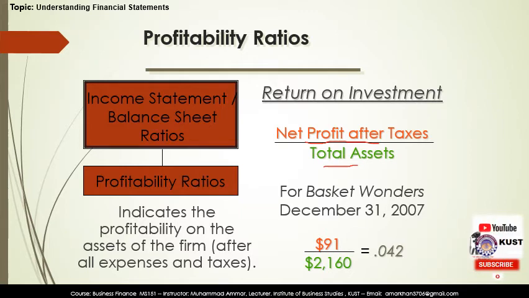So the value taken for the net profit after tax is $91 and it is divided by 2160, which is your total assets. So we get the answer, which is 0.042. It indicates the profitability on the assets of the firm after all expenses and taxes.